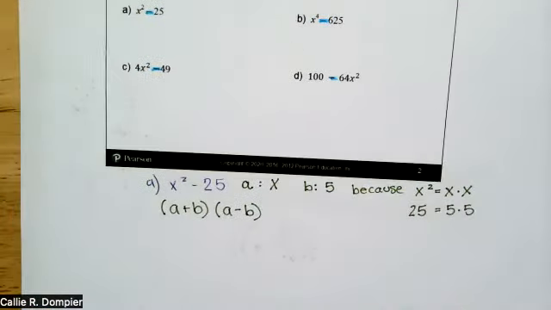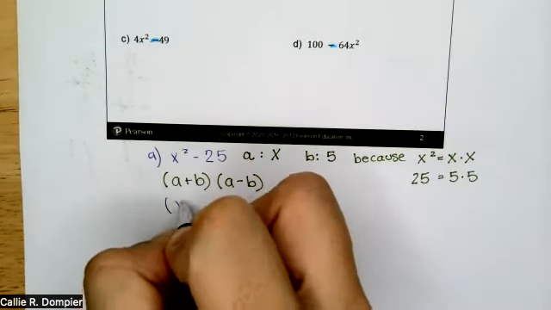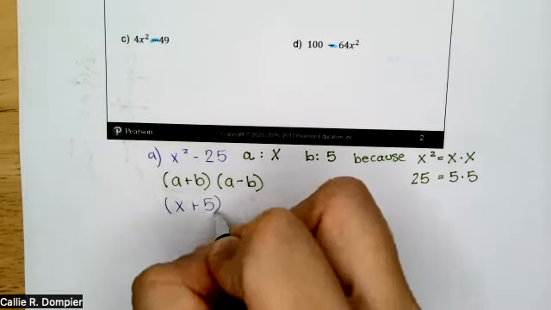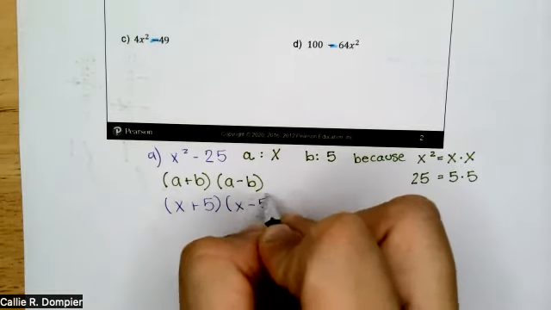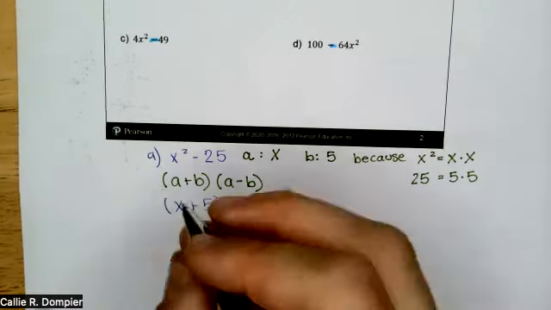Good. Now that I know what a and b are, I just write them again. X plus 5, x minus 5. So to factor x squared minus 25, it just turns into x plus 5 times x minus 5.